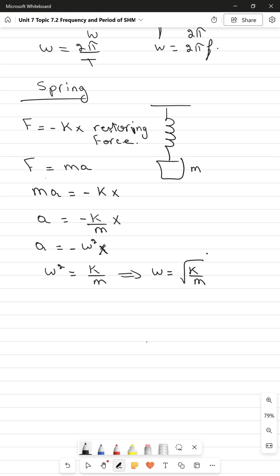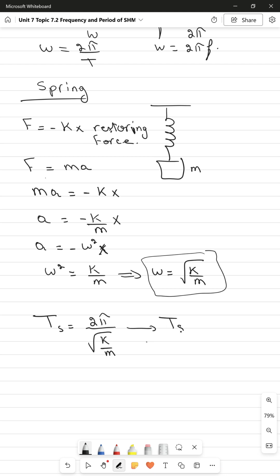And right now we are going to take that omega and replace it in the period equation. So the period of a spring will be 2 pi over square root of k over m. Now we can rearrange this to become the period of a spring, 2 pi square root of m over k. So that's the equation for the period of the ideal spring.